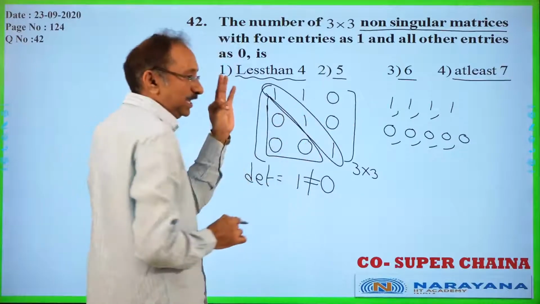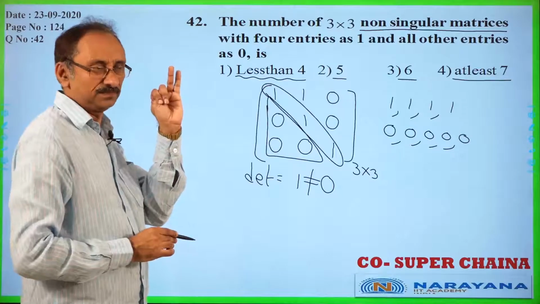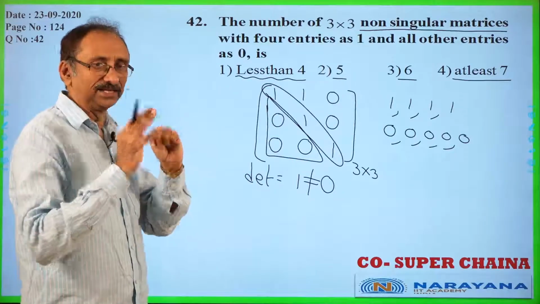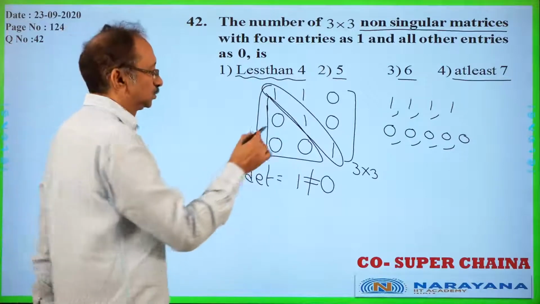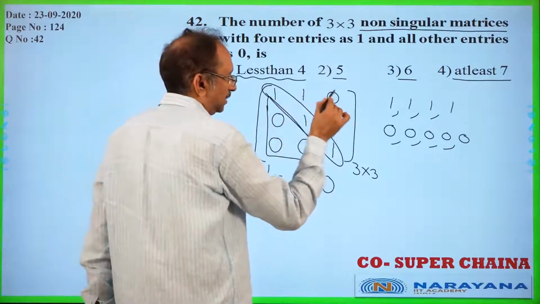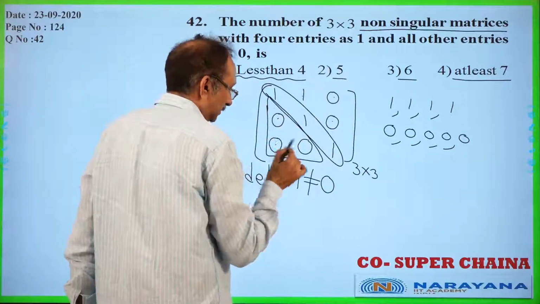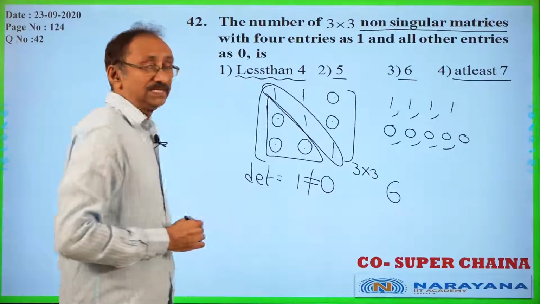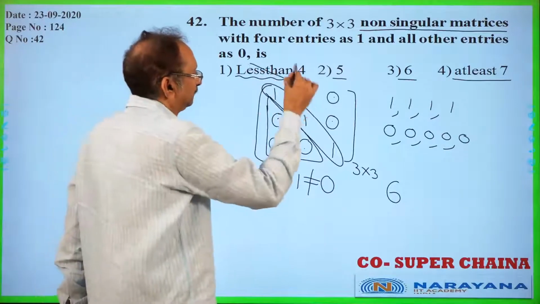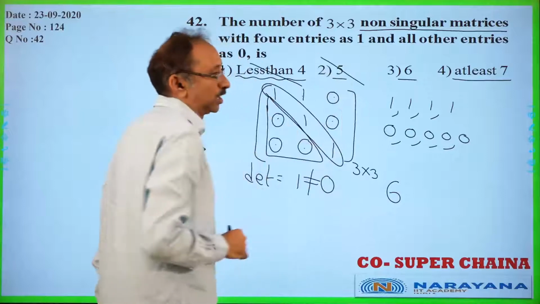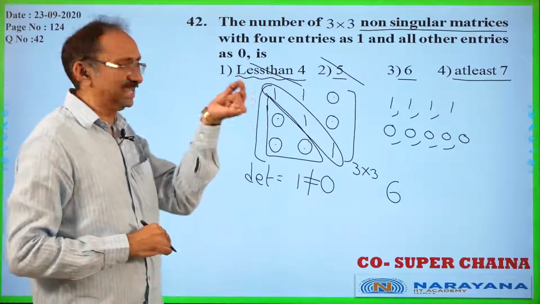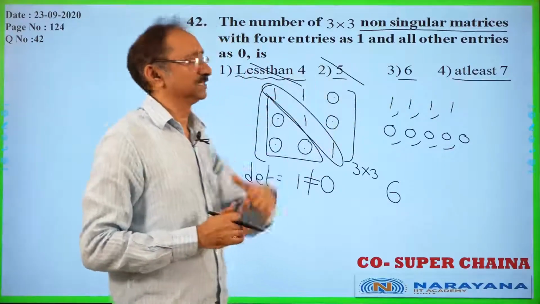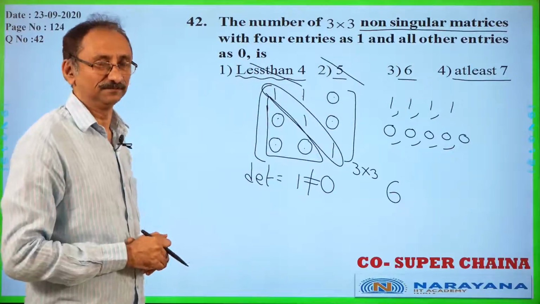Similarly, if I write 1 here, I will get another matrix. The fourth one may be in any of these 6 positions, so there are 6 such matrices. Already we got 6. Therefore, less than 4 is a wrong answer, 5 is a wrong answer. If I can show at least one more such matrix, then 6 also will be wrong. Definitely the answer will be at least 7.